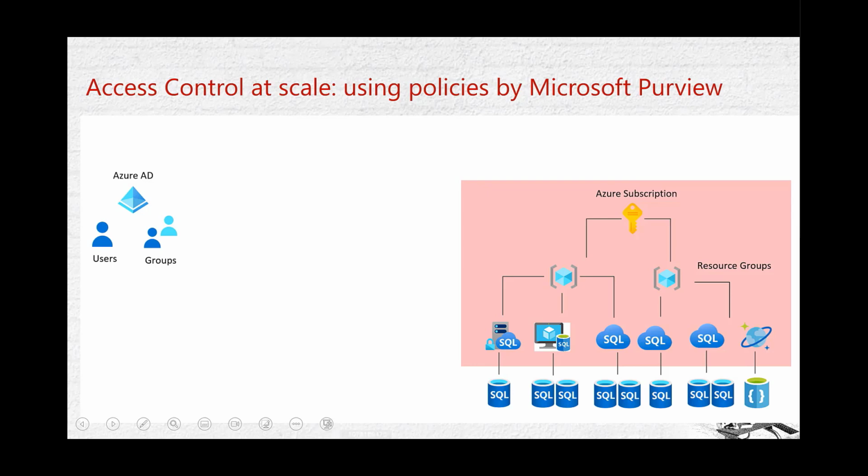For example, you can apply a policy to a resource group containing multiple Azure SQL Server instances, or you can pick any specific SQL Server instance or even an individual database, and then grant permissions on all of these resources within that level to a given Azure AD principal. The principal could be a user, a group, or a service principal, any valid Azure AD principal.